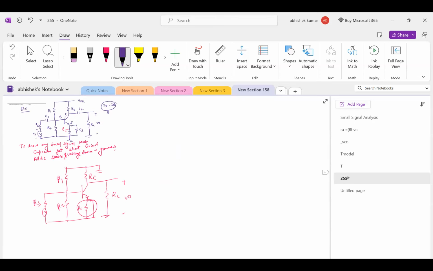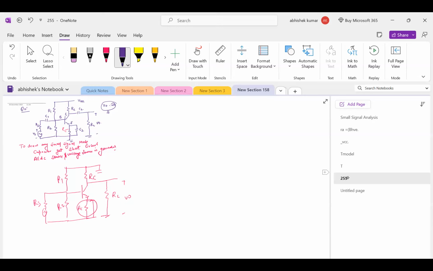There is a concept that if we put this capacitor connected across the RE, it is known as a bypass capacitor. We use this RE to give negative feedback. Because of this RE, if you go into the working, your circuit becomes stable.